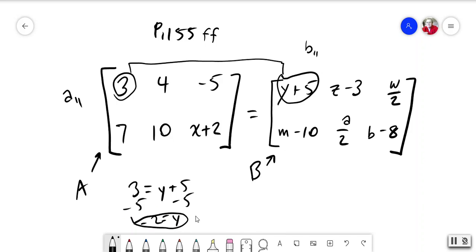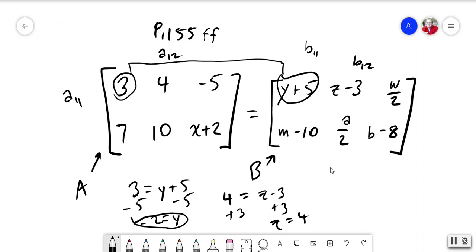And from this point, it's actually quite boring. You just go through and match up each position, A11, B11, A12, B12. Match them all up and set them equal and get what the variable is. 4 is equivalent to z minus 3. So you add 3 to both sides and you get z equals 4.